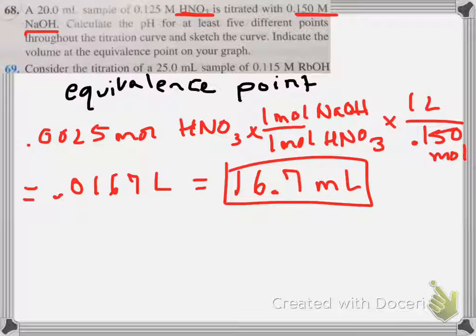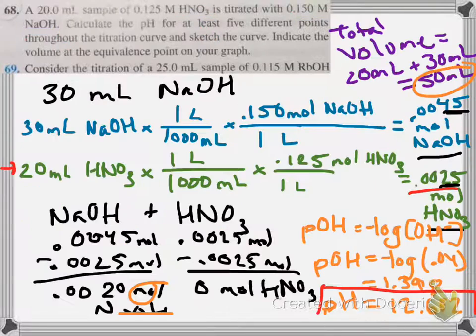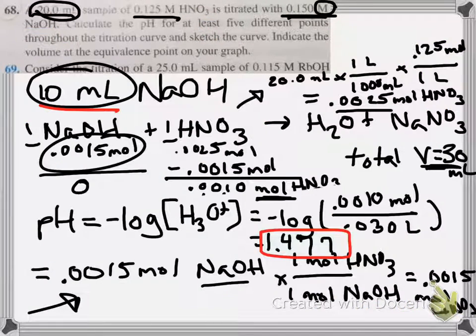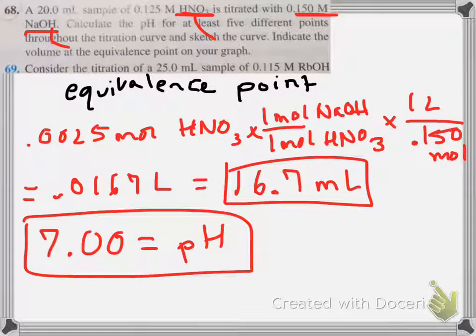So this is at the equivalence point. I also know that I'm titrating a strong acid with a strong base, and whenever you titrate a strong acid with a strong base, the pH is equal to 7. Because, remember, in our equation, we're forming water and a neutral salt. So if all of my sodium hydroxide and all of my nitric acid react, the resulting solution is totally neutral, which has a pH of 7.